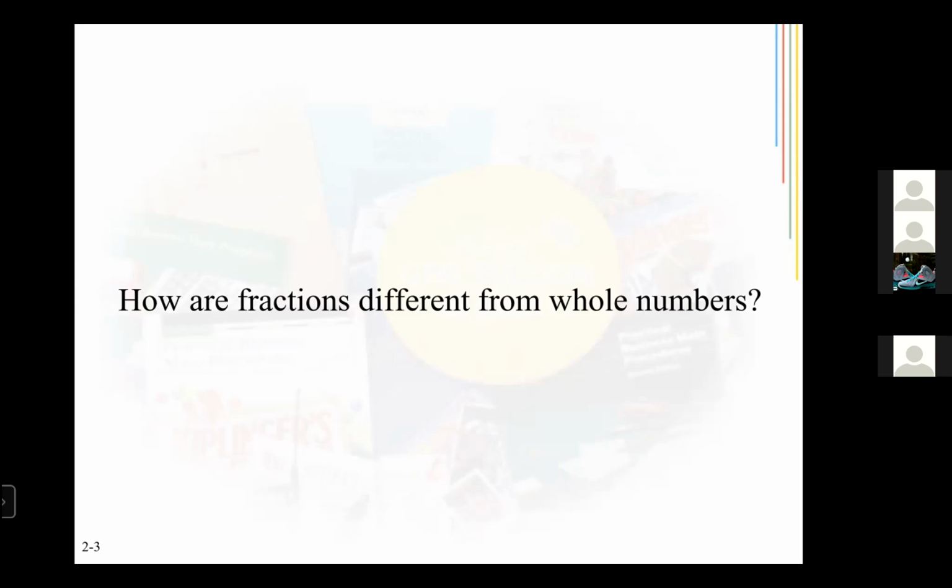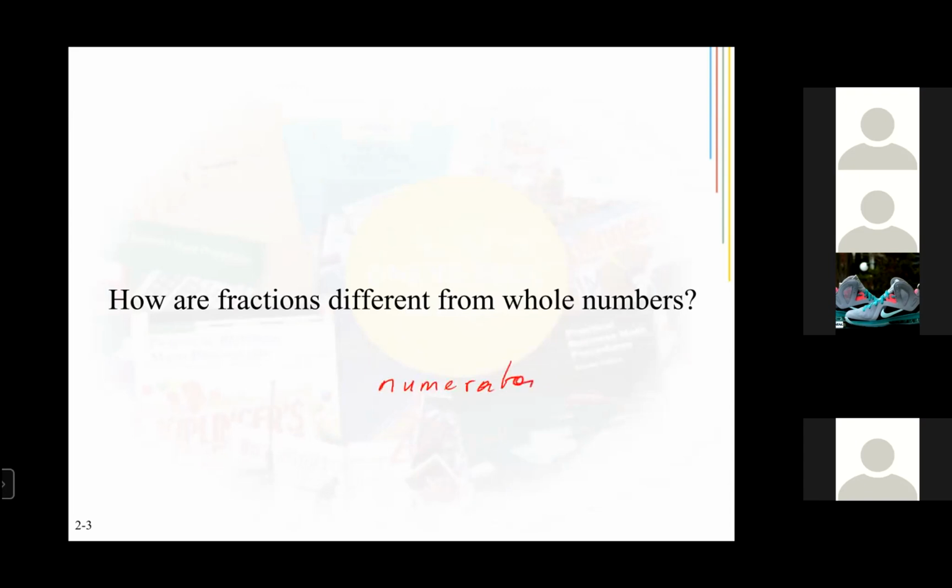The denominator basically tells you how much the whole is divided into, and the numerator tells you how many parts of that whole you are looking at.